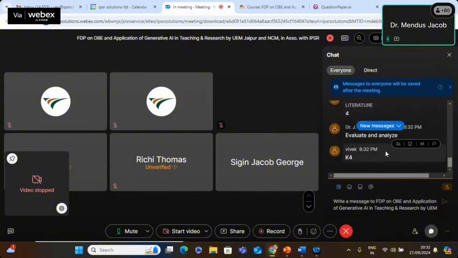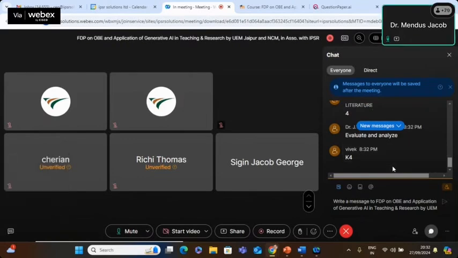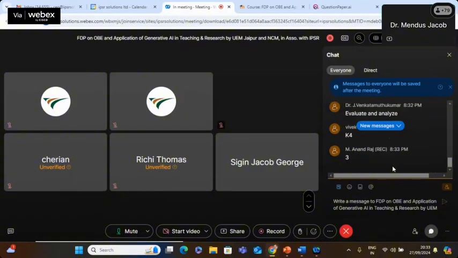So this is K4. Now, what should be the mapping strength? My course outcome is apply level, and my question is analyze. I have to map this analyze level question to the apply level CO. 3.